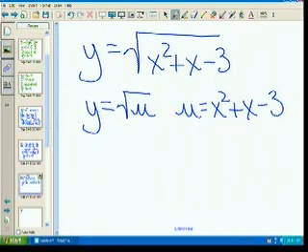Now, if you substituted that quantity in for u, you'd have the original problem, right? So let's do this problem this way, and then let's use this to get our third look at what the chain rule might look like, and we'll use the composed function idea, the f of g idea.